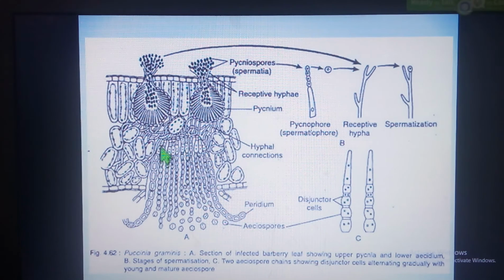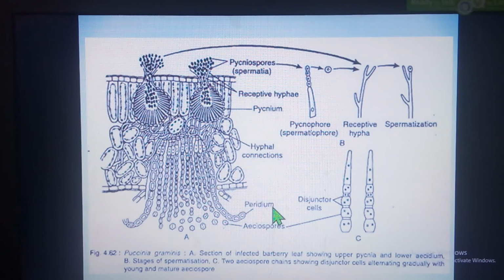Now the aecium, just remember, is an inverted cup shaped structure. So the pycnia are formed on the upper surface, whereas the aecium will form on the lower epidermis. Now you can see here the outer margin in this cup-shaped structure, this outer margin is known as the peridium.